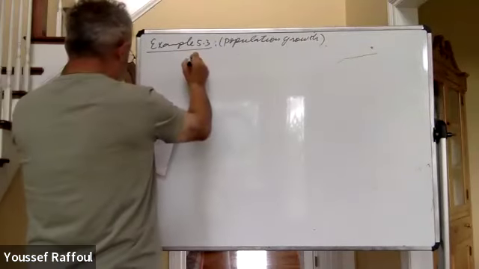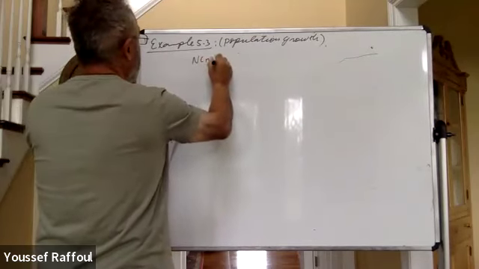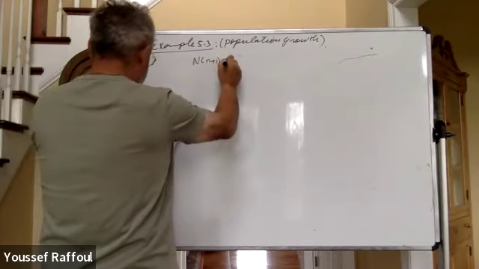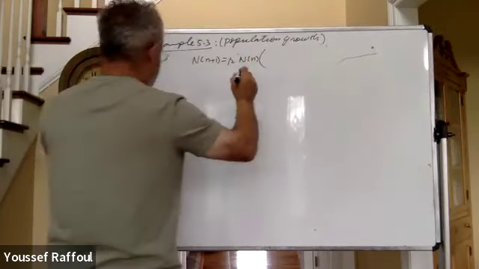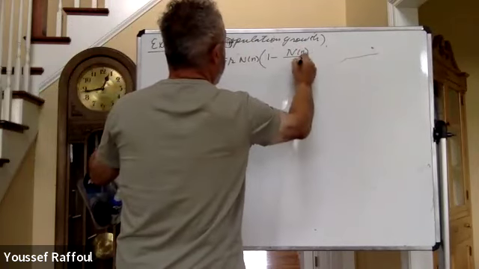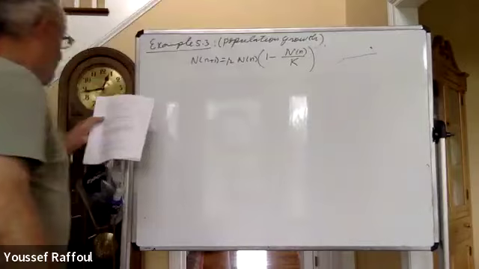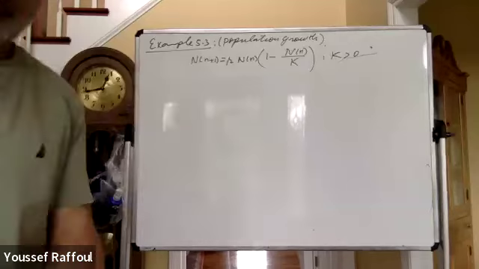So we're going to assume the population is given by N(n+1) equal r N(n) times (1 minus N(n) over K), and K is positive. Okay?